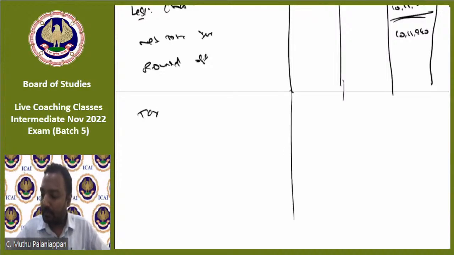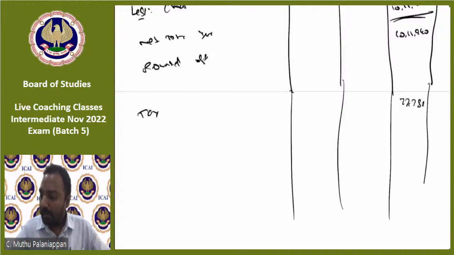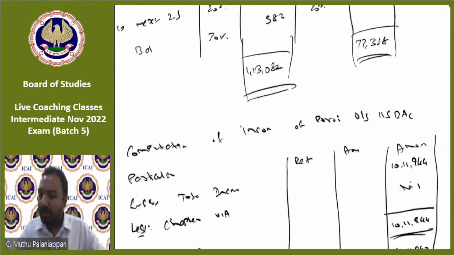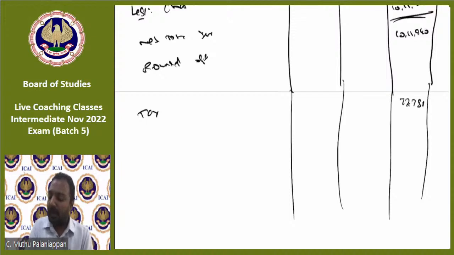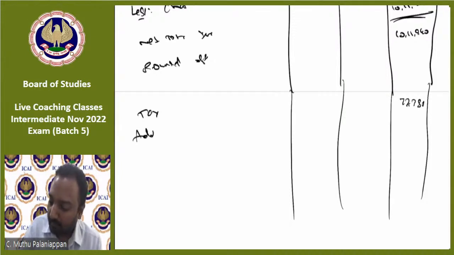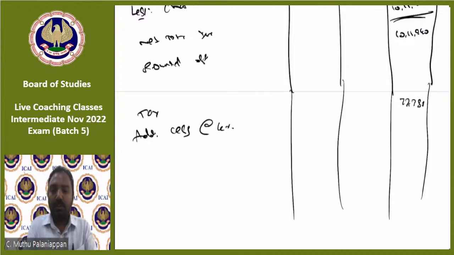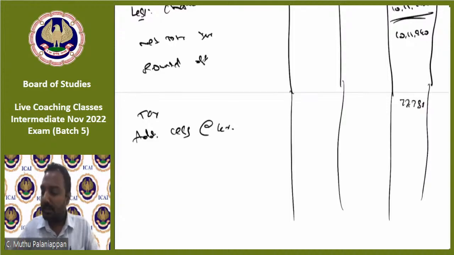So you go here, you say tax is 77,388, correct? That becomes your tax. Cess at 4%, so 77,388 into 4% is 3,096.